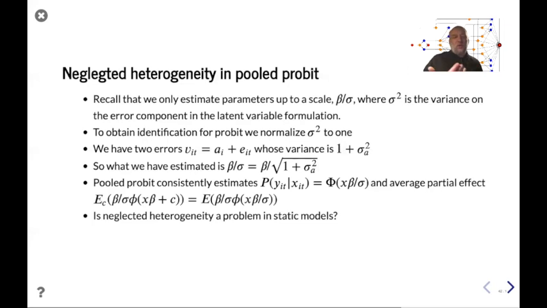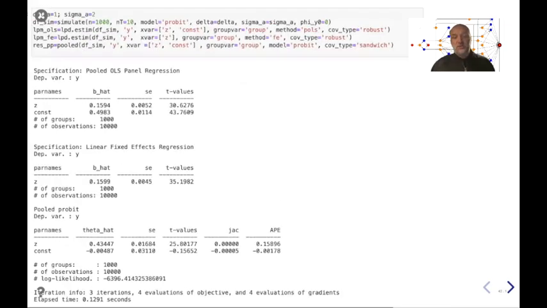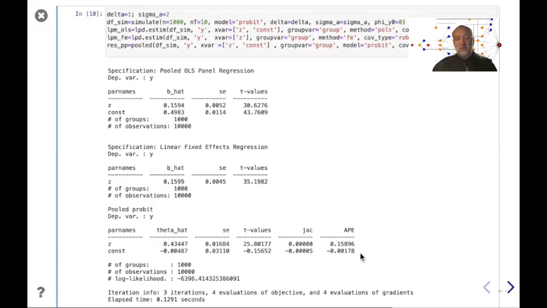Well, you can then ask, is neglected heterogeneity really a problem in static models? Well, it doesn't appear to be the case. And if you look at the average partial effects, of course they're going to be affected by adding a lot of unobserved heterogeneity, but that's a real thing.